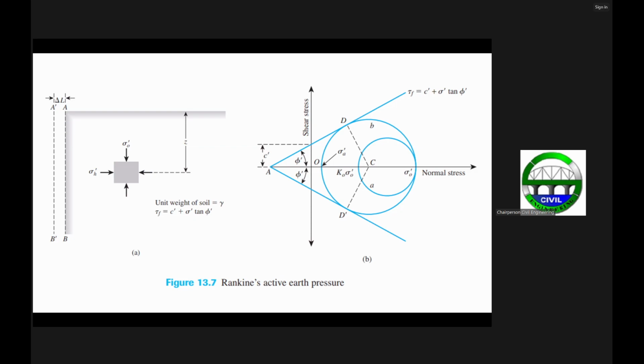This failure envelope has an angle of phi prime from the normal stress axis, and an ordinate of c prime, or the cohesion, and the friction angle with respect to the shear stress ordinate axis.